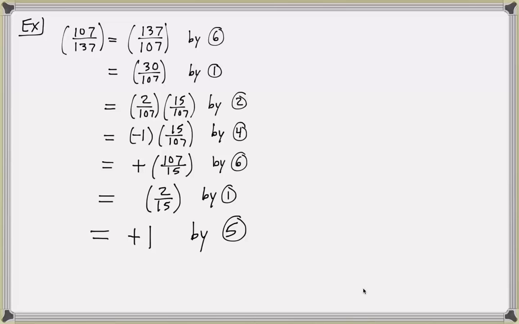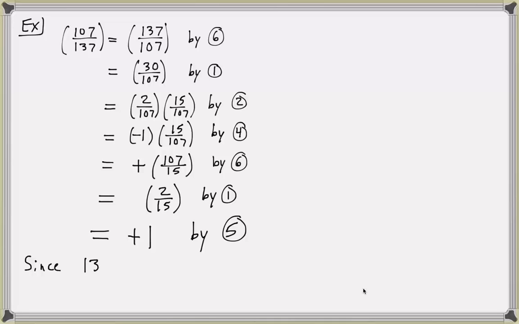So notice that we started out with the Jacobi symbol 107 over 137. It turns out that 137 is actually prime. So 107 over 137, you can think of it as a Legendre symbol, and since the answer was plus 1, we can still say that 107 is a quadratic residue mod 137.